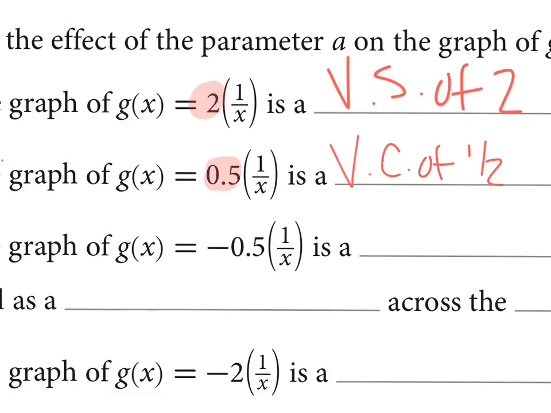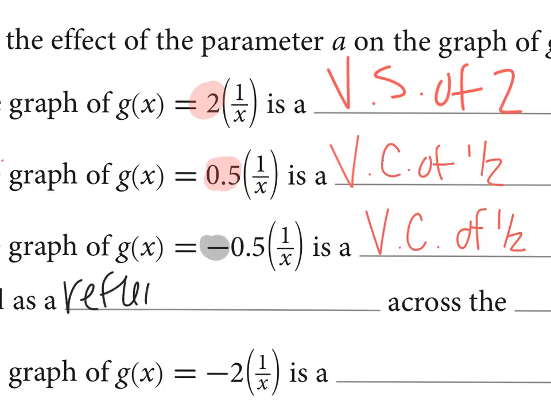Okay, what's different about C and D? There's going to be a reflection because it's a negative sign as well. So the 0.5 is still going to be a vertical compression of 1/2. But the negative sign itself, what is that negative sign on the outside going to do?